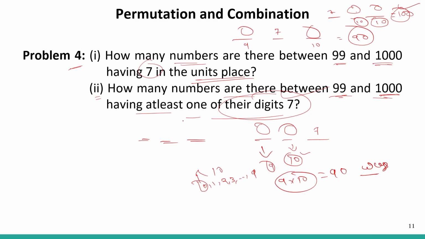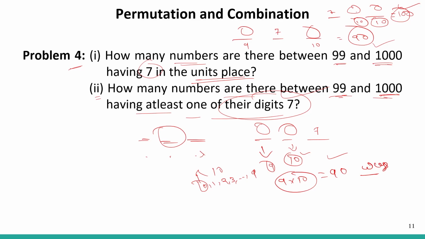So there are 3 cases: 7 is in the 100th place, 7 is in the 10th place, and 7 is in the unit place. We have already answered this: in the unit place, that is equal to 90 ways. For 7 in the 10th place, we have also evaluated 90 choices. And 7 in the 100th place, we have evaluated that 100 choices are there.